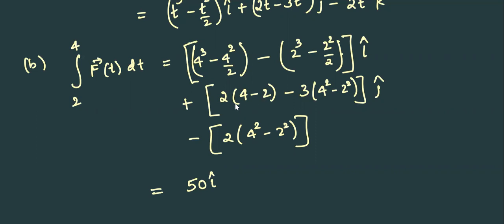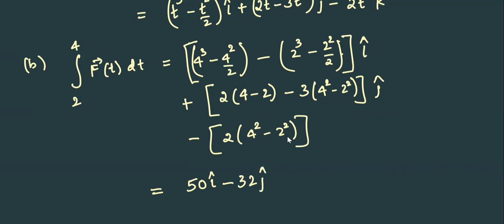Now 2 into 2, 4. Now this is 16 minus 4, 12. 16 minus 4 is 12, 12, 3 is 36. Yeah, 36. So this is minus 36 plus 4. That is minus 32.